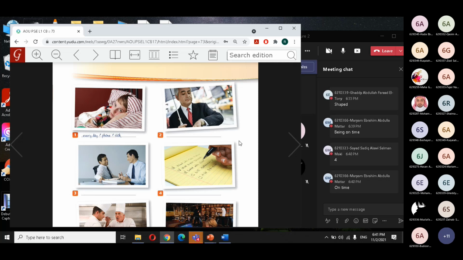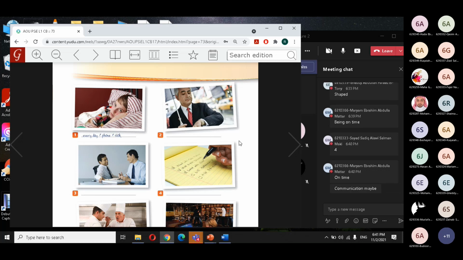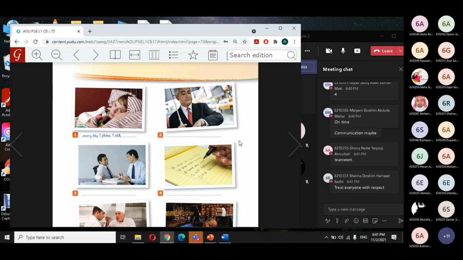Number three, what do you think the idea in the picture here? Communication, maybe. Okay, Mariam, good. Teamwork. Shaima, excellent. Treat everyone with respect. Tahir, friendly.